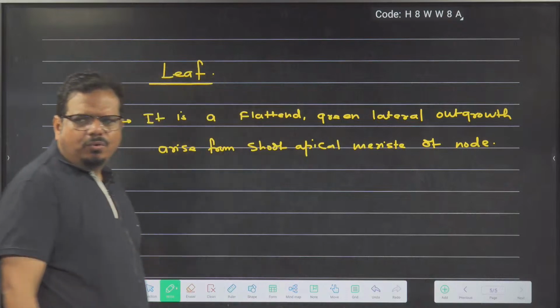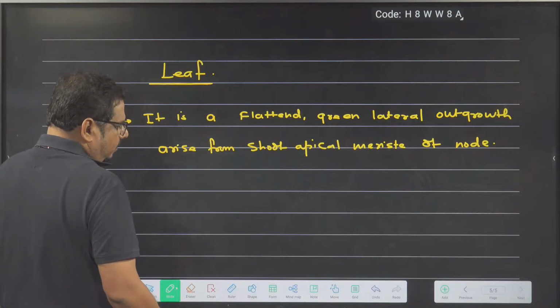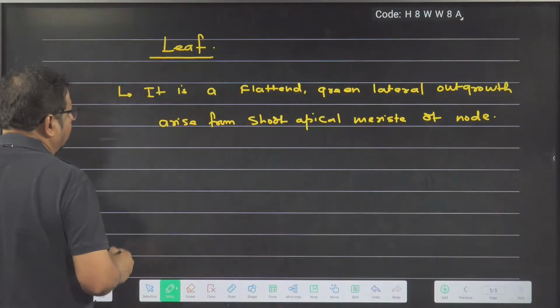Leaf arises from node, you know better, but from where does it arise on the node? It is arising from which one? Shoot apical meristem. Understanding the idea or not?